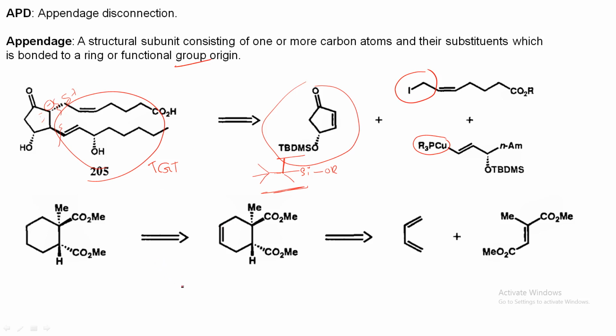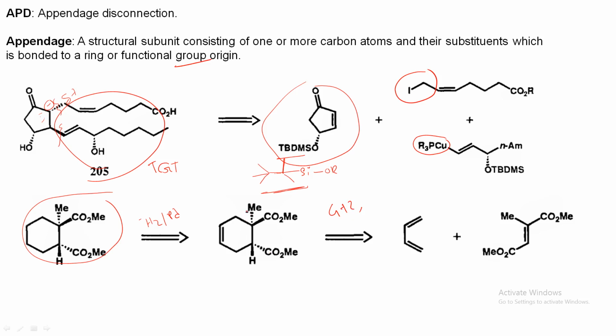And this is another example. Let's say this is our target molecule. How can we synthesize that? At first we thought of making it from the double bond, and we can do this by simple hydrogen palladium reduction. And this is nothing but a 4 plus 2 cycloaddition, which is a Diels-Alder reaction.